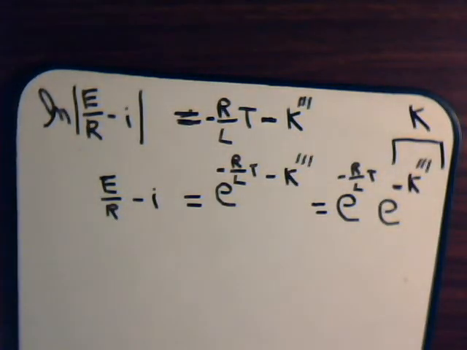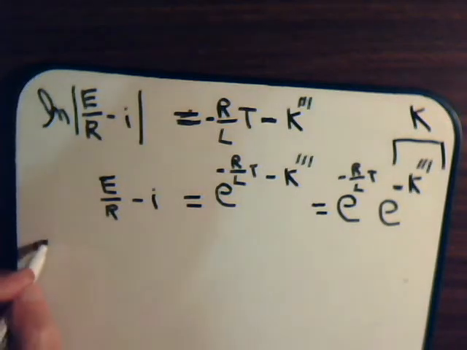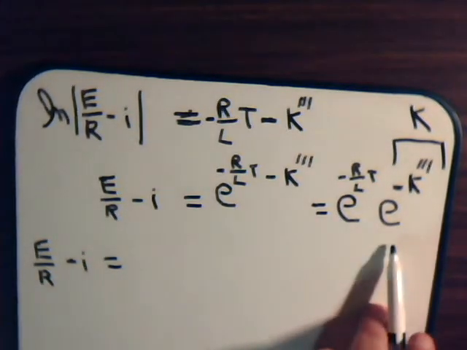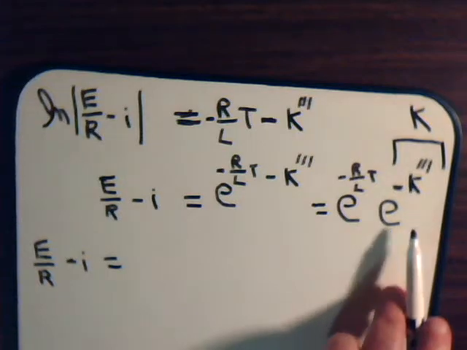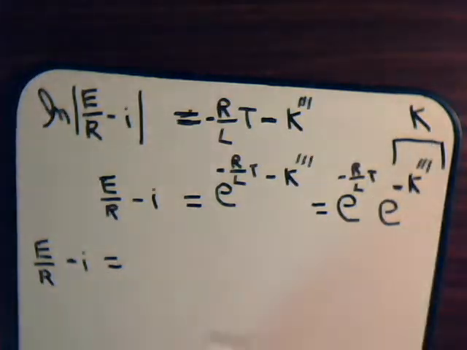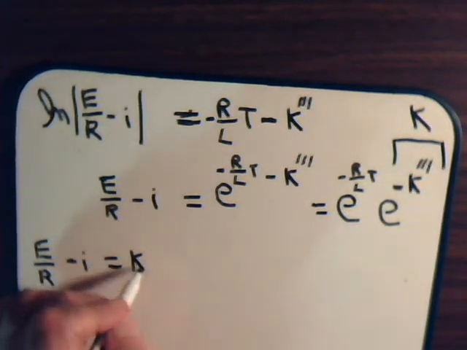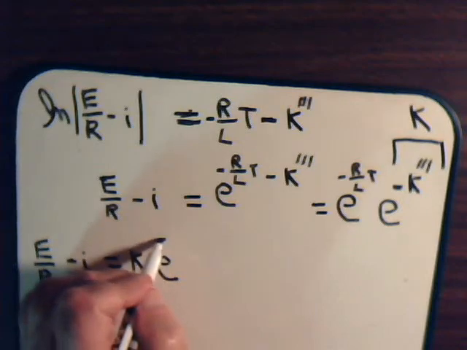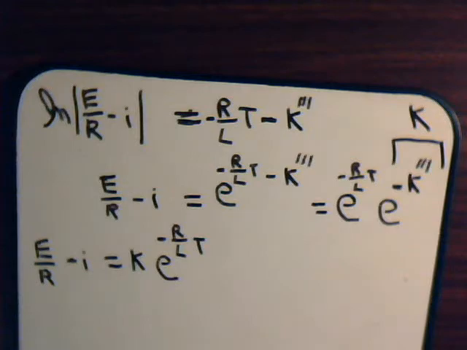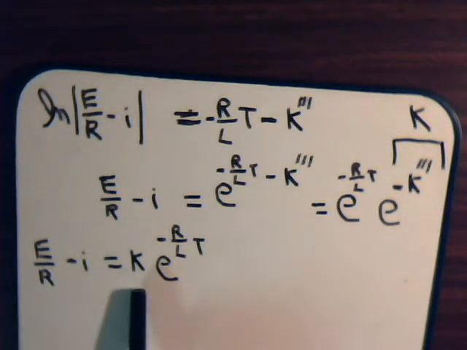So we can just call this thing constant K. So what we have is E over R minus I equals, and this is just another constant now, because e is a constant raised to another negative constant. Doesn't matter, it's still just going to be some constant number. So we have K times e to the minus R over L times T. Now before we try to solve explicitly for I, let's see if we can figure out what this constant has to be.